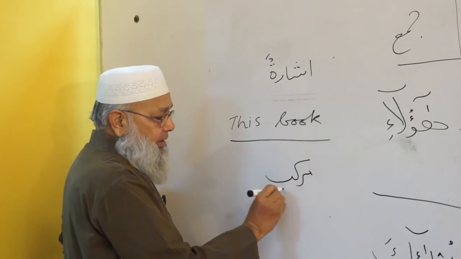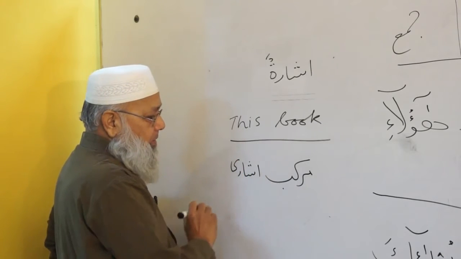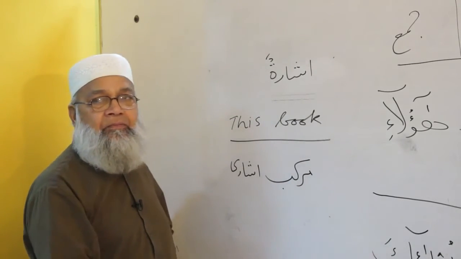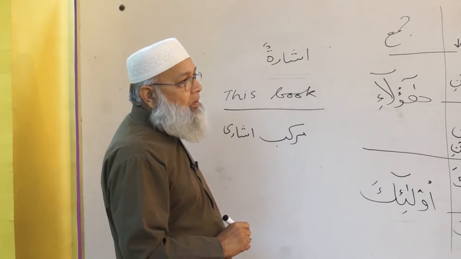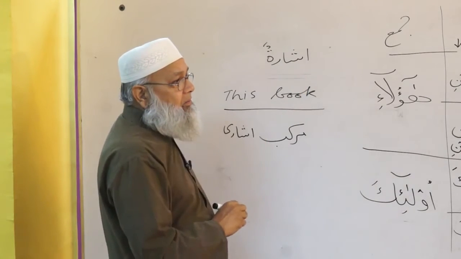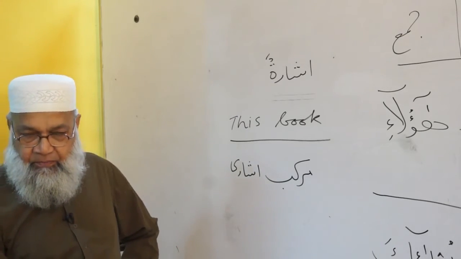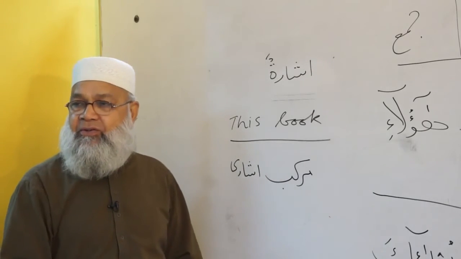And murakkab ishari is the demonstrative construction. This book, that room, that car, this room, this chair. All these are incomplete constructions.